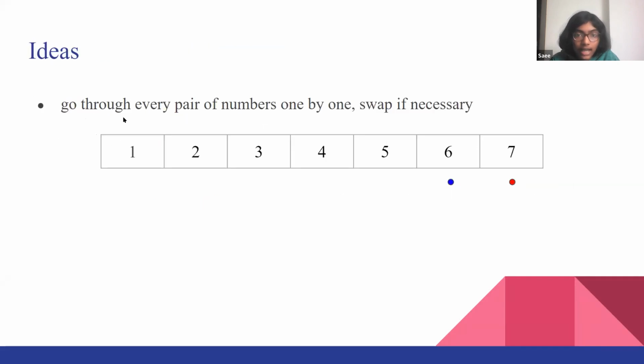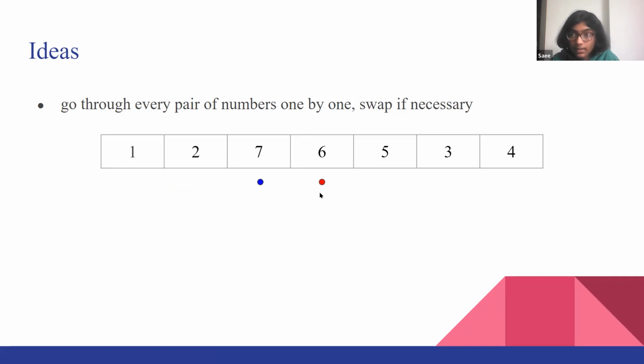And what happens to the red dot? What happens to I? If you observe, where does I start? I starts every time 1 to the right of j, right? When j was 1, I started off at 2. And then when j became 2, I started off at 3. When j became 3, I started off at 4.